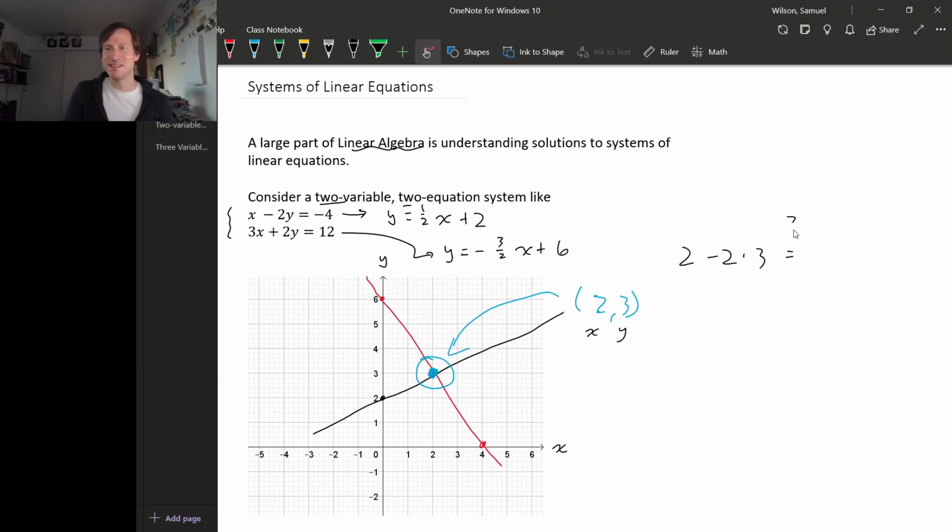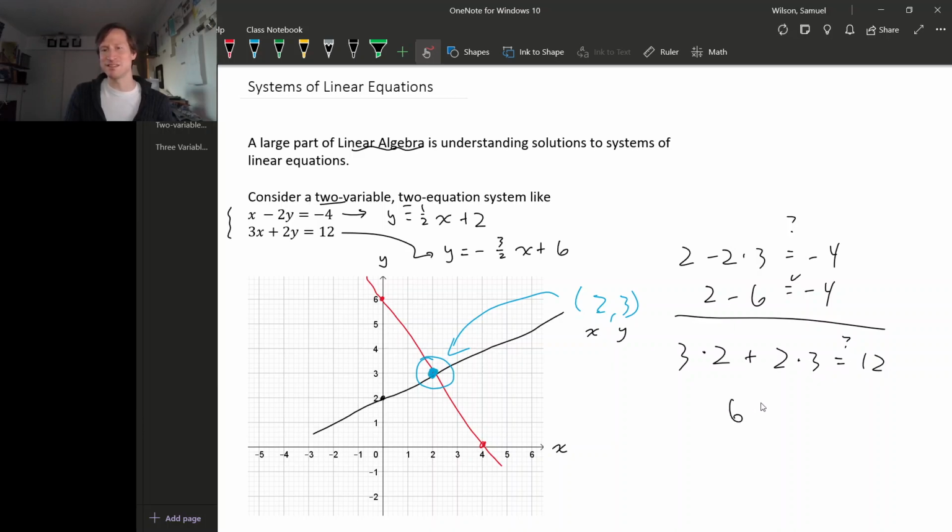Is that equal to -4? Yes, this is 2 minus 6, and that is equal to -4. And then we can check the other equation: 3 times x, and x is 2, plus 2 times y, and y is 3. Is that equal to 12? Yeah, this is 6 plus 6. That's equal to 12. Yes. So this really is a solution.